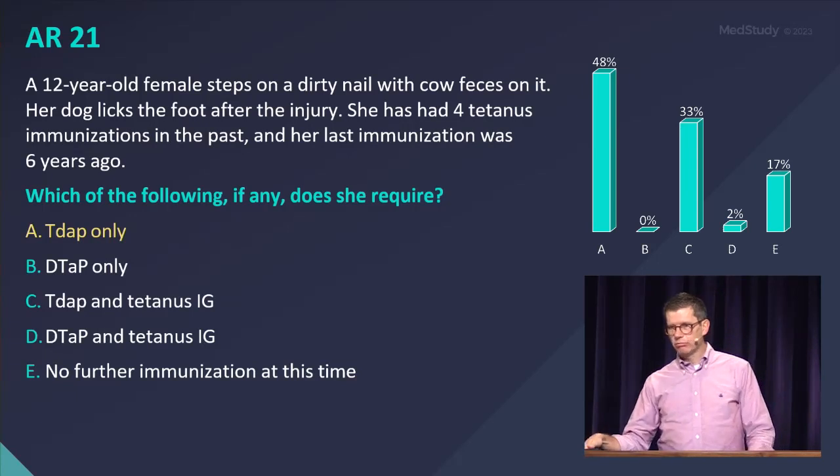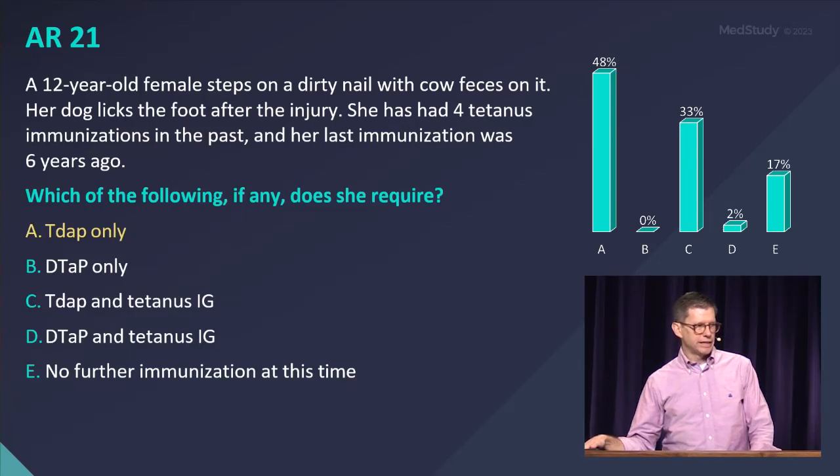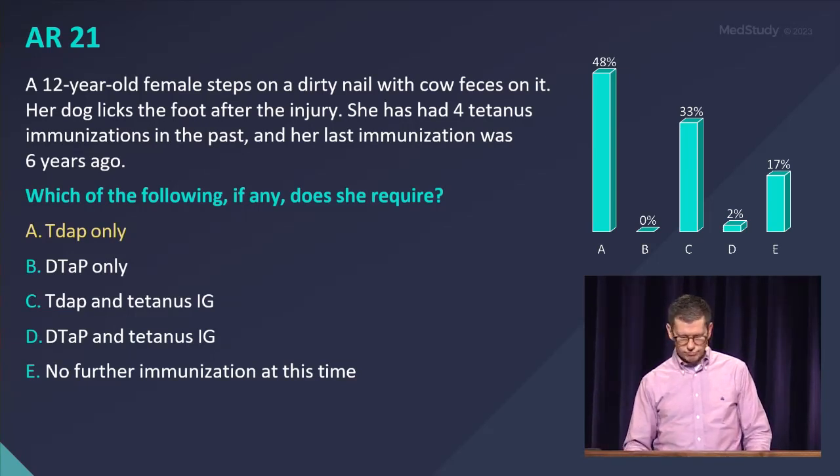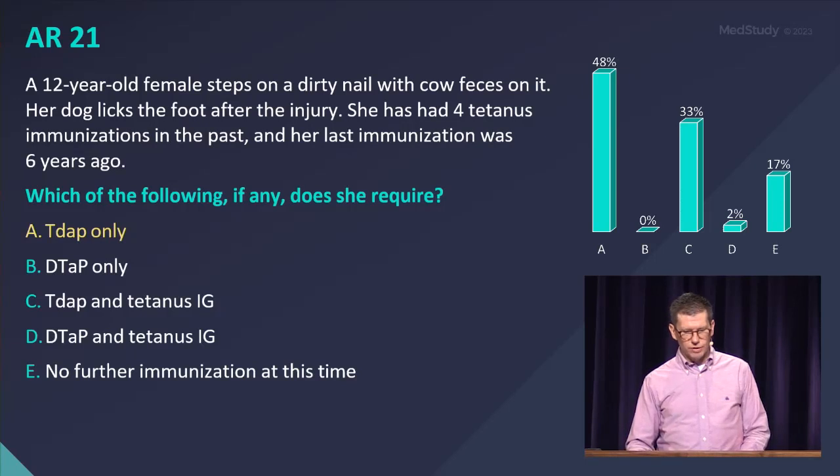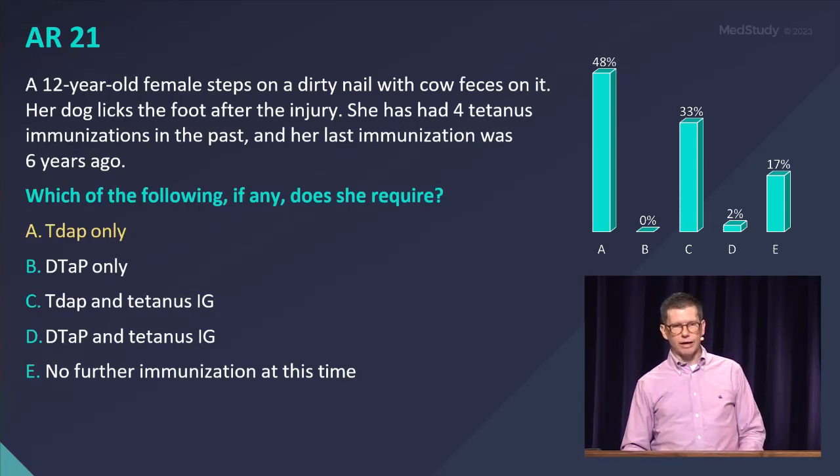Anytime, regardless of how dirty it is, if they have had at least 3 tetanus vaccines, they do not need immune globulin. And because she's 12 years old, so older than 7, Tdap is the preferred vaccine. Less than that, you would give DTaP. And obviously, no further immunization at this time is not the right answer because it's been at least 6 years since her last immunization.